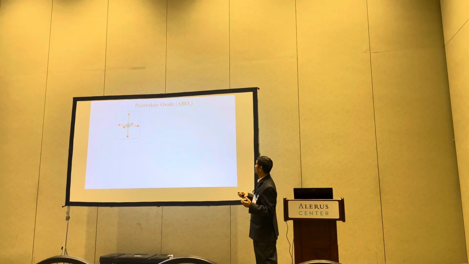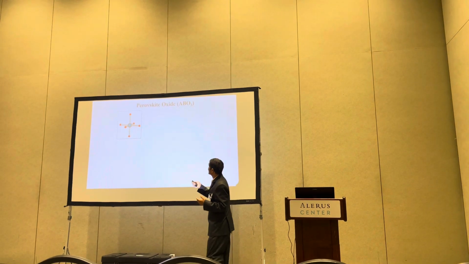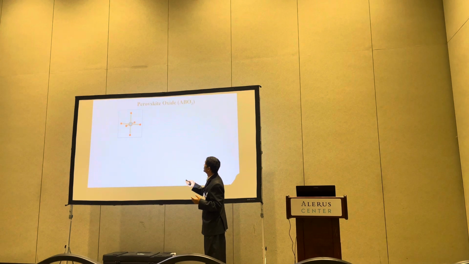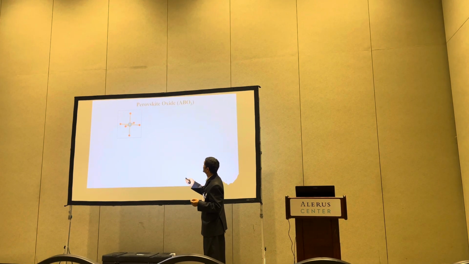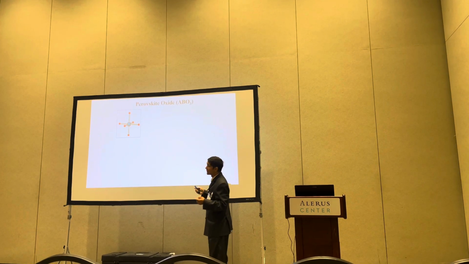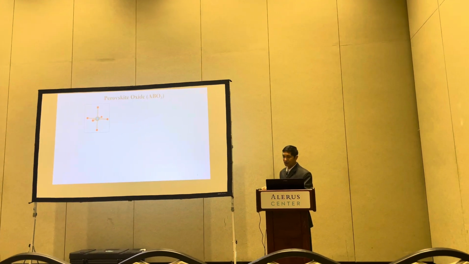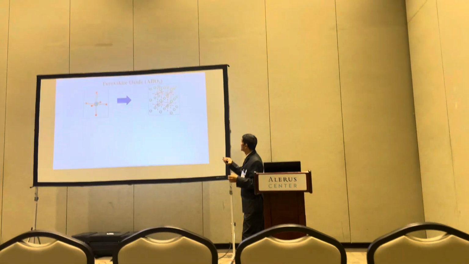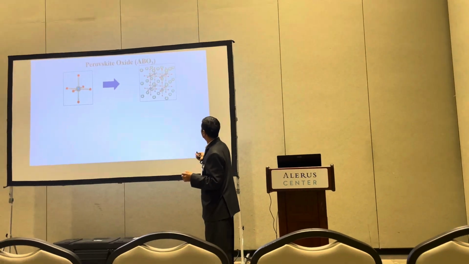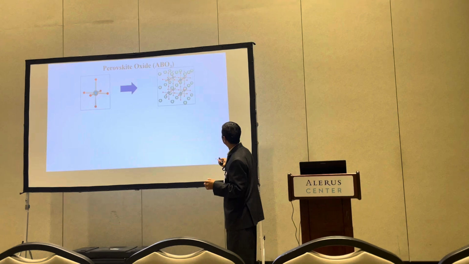So this B cation is this blue ball at the center, and these red balls are oxygen. If many such structures combine, we can see a scaffold-like structure here, a cube.